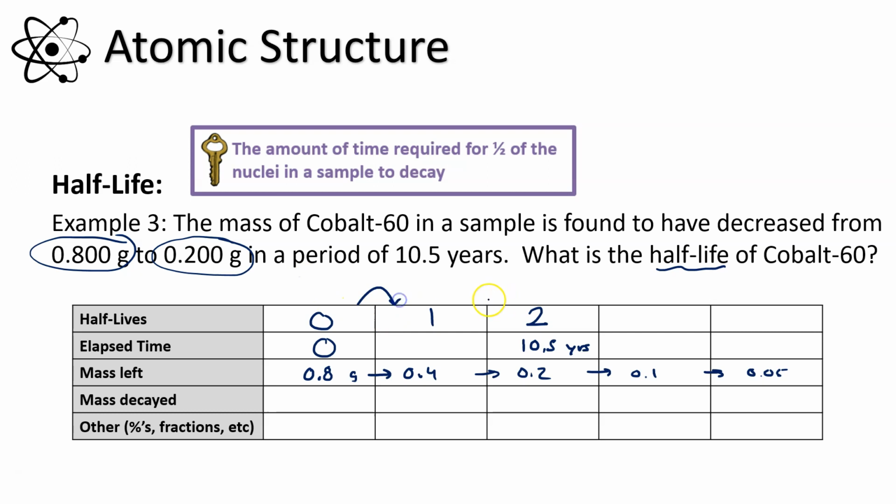So what is each one of these jumps? That's where you would actually find the half-life itself. Since we know that 10.5 years is two of these half-lives, then you can just divide 10.5 by 2 to get 5.25 years as each individual half-life. Your final answer is 5.25 years.